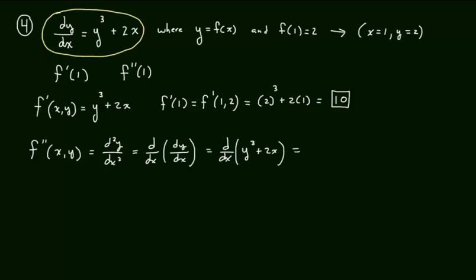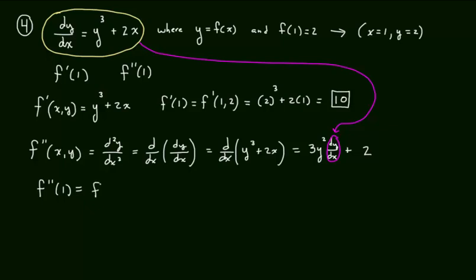So I will employ implicit differentiation: 3y squared times dy/dx plus 2. Now at this point I could take what my dy/dx is and plug it in here, but all that I need is the numeric value of dy/dx, so I will skip that and say that f double prime at 1 is equal to f double prime at x equals 1, y equals 2.